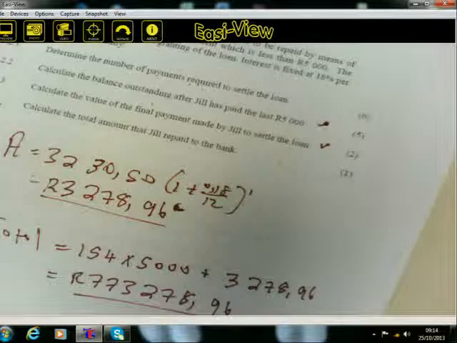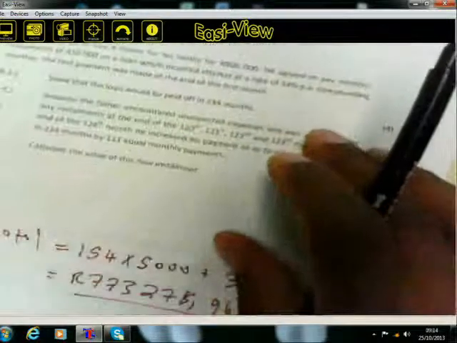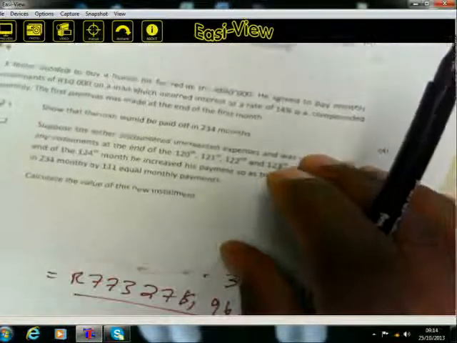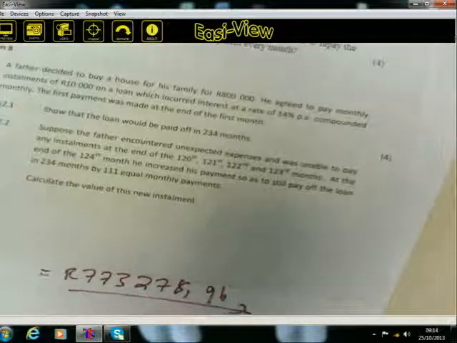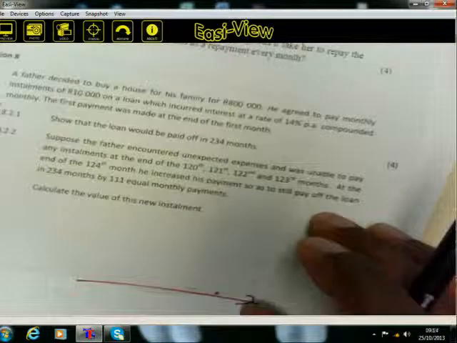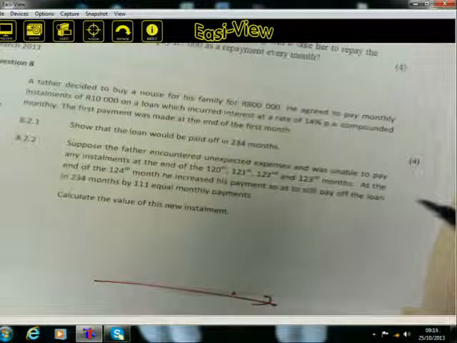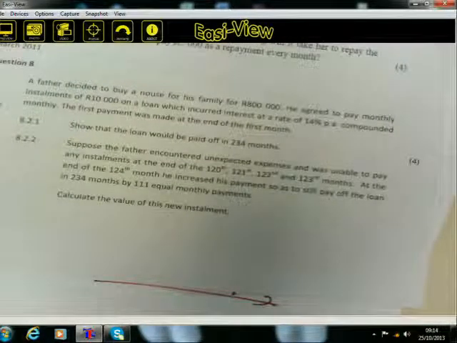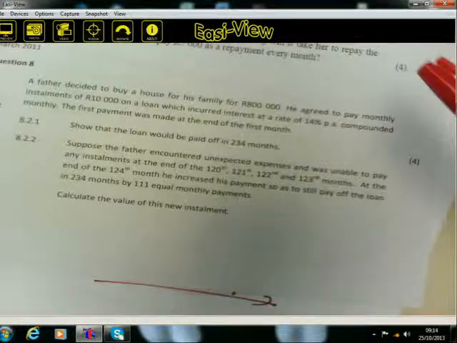Okay, right now the other question that I want us to look at is question 8. Question 8 is a very interesting question. That is from March 2011. Right, let us look at the question. A father decided to buy a house for his family for 800,000.